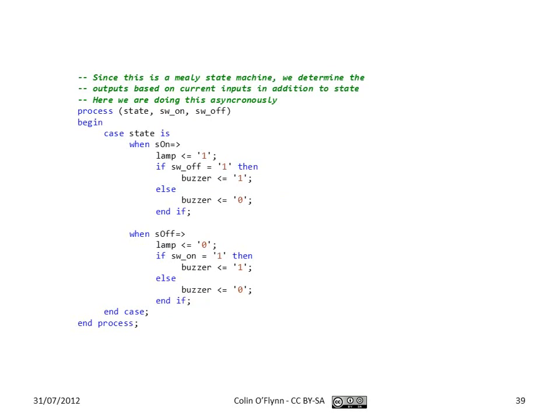This is the Mealy state machine, so the outputs are determined based on the current inputs in addition to the state variable. We do this asynchronously, which means you'll notice there's no clock. Every time the state changes, the on push button changes, or the off push button changes, we have to run this group.